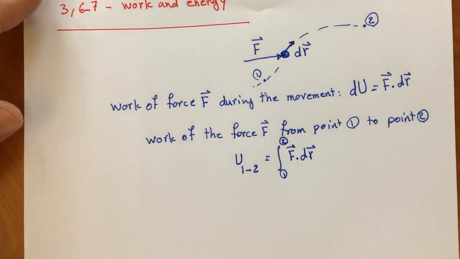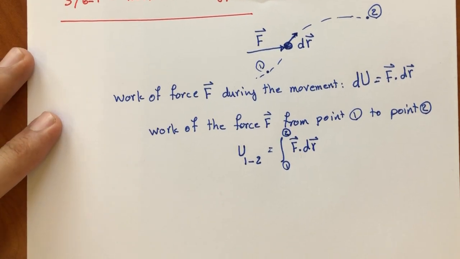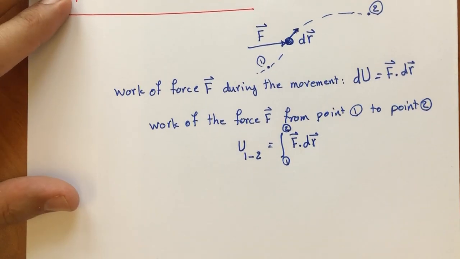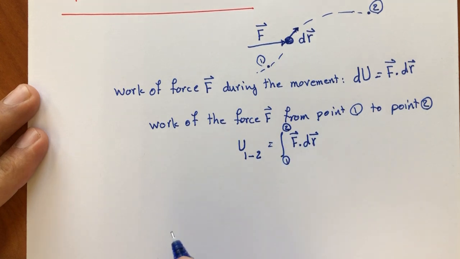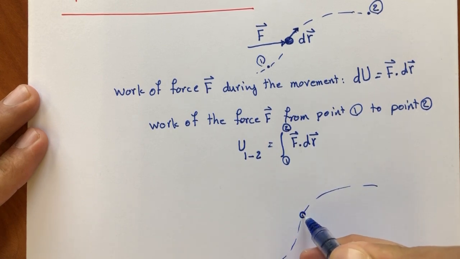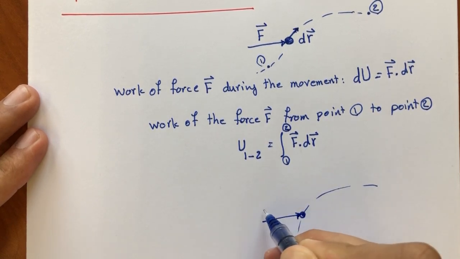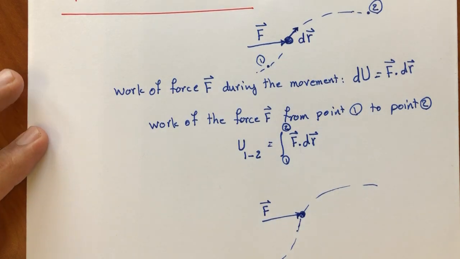And this work has some properties that I'm going to introduce to you, which are going to be helpful for us later. First of all, if you want to calculate this work, one of the things you can do is, let's say this is the force. We can split this force into its components in the tangential and normal direction.